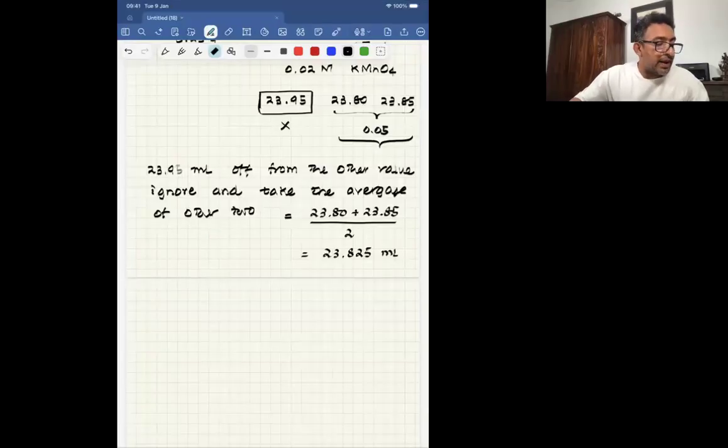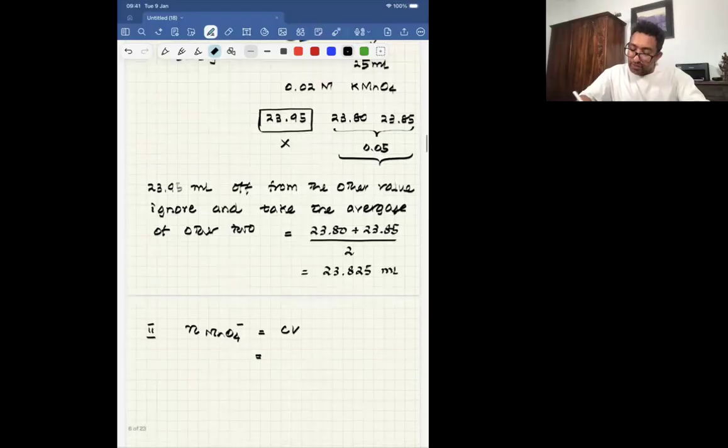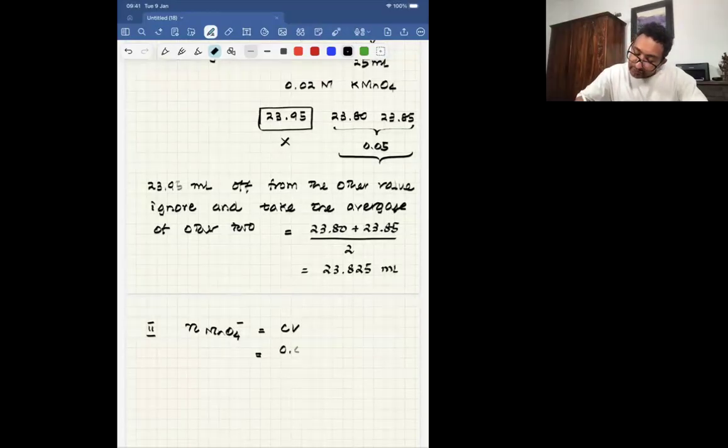Calculate the moles of permanganate used in the titration. What is the number of moles? Second one. Number of moles of permanganate is equal to concentration times volume. What is the concentration? 0.02. What is the volume? 23.825 times 10 to the power minus 3.